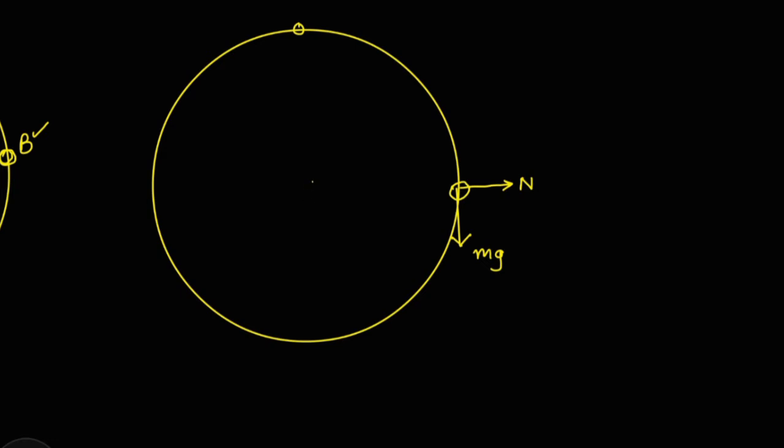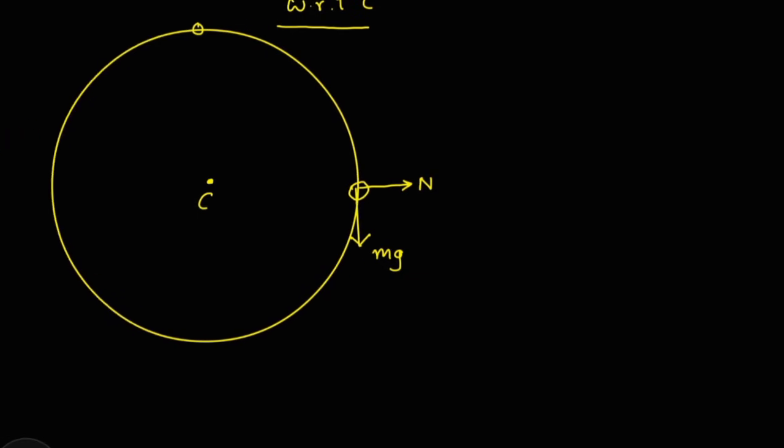and suppose we see the situation with respect to the center, call it C. So for this observer C, the ring is at rest now, and the bead can move along the ring.